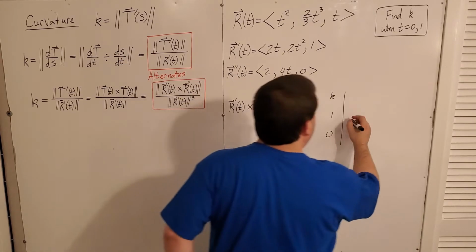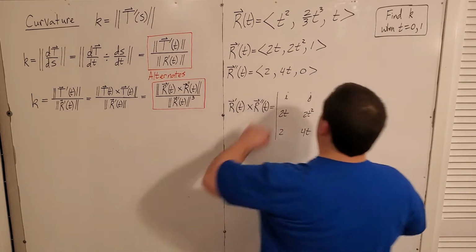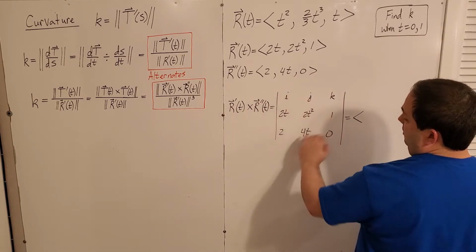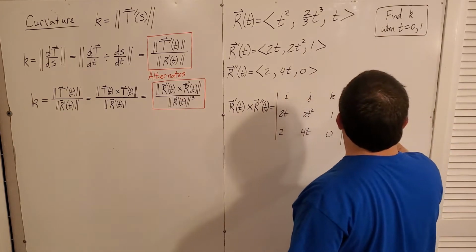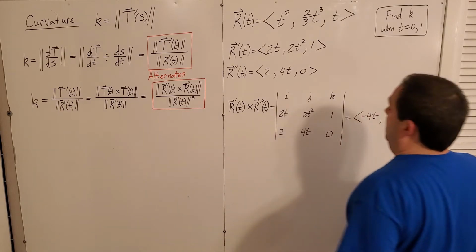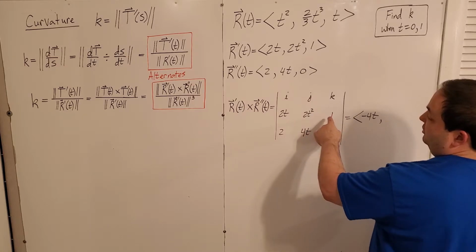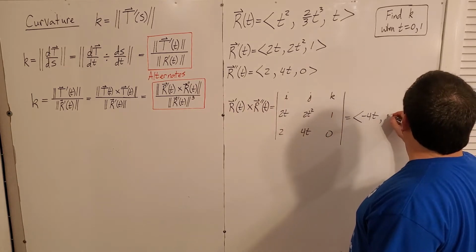Okay, so for my i right here, I've got 0 minus 4t. And then for j, I've got 0 minus 2, but alternate, so plus 2.